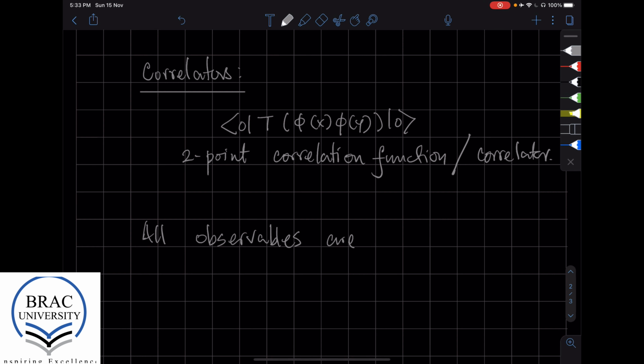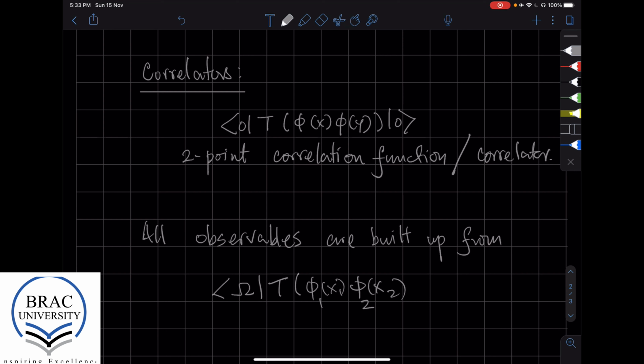In an interacting quantum field theory, we shall see that all observables are built up from the vacuum expectation value of the time-ordered product of Heisenberg operators. And they need not be the same operator, they could be different operators. So the phi 1, phi 2, phi 3, these do not necessarily have to be the same operator.